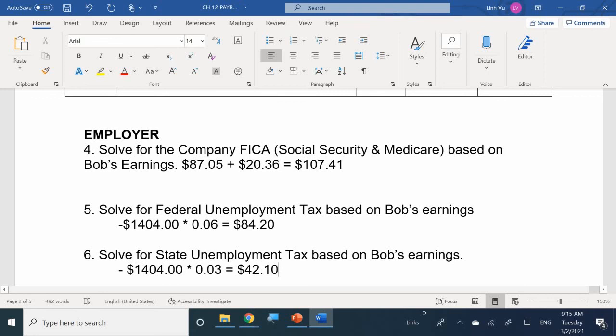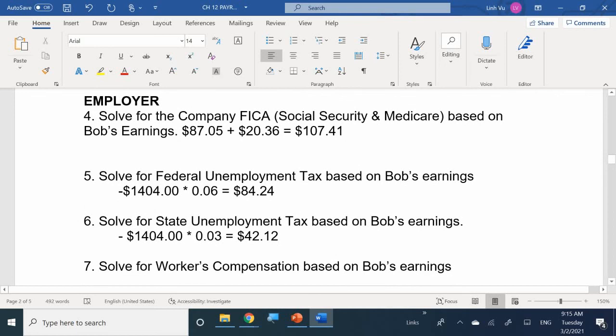Recalculate the federal unemployment once again. The federal should be 84.24, my bad, so half of that is 42.12. You could do it that way too.